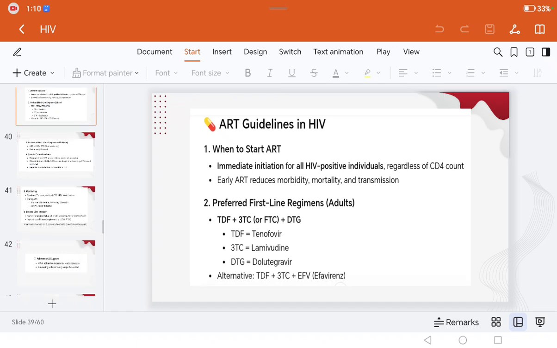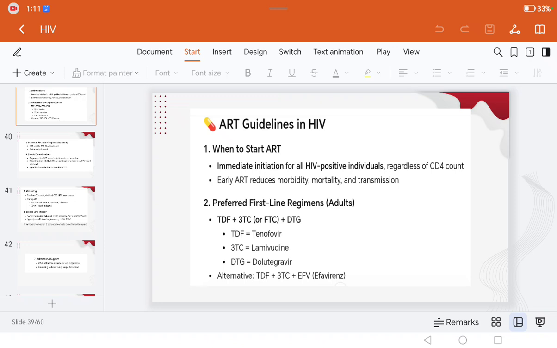So if we look at the therapy, when to start the therapy: immediate initiation for all HIV positive patients, regardless of CD4 count and comorbidities. Early ART reduces morbidity, mortality, and transmission. The preferred first line in adults is three drugs: tenofovir, lamivudine, and dolutegravir.